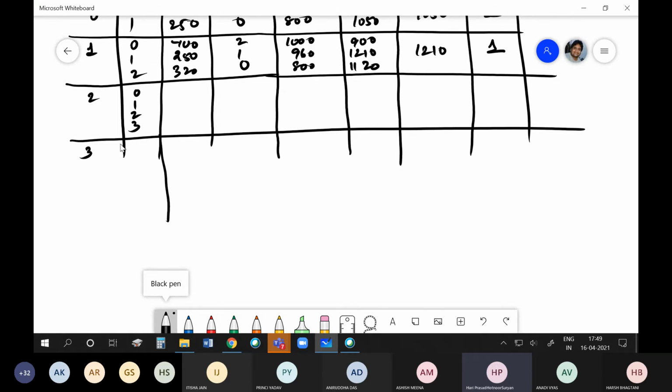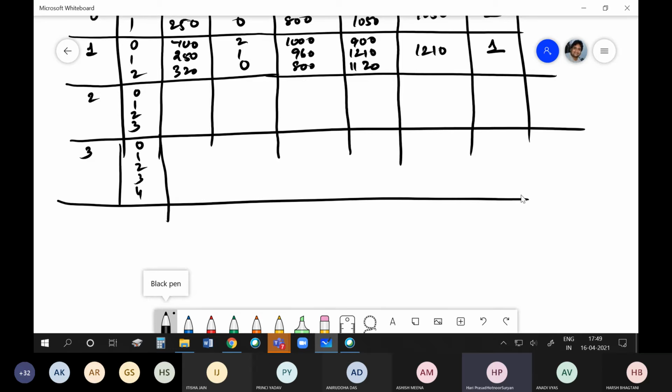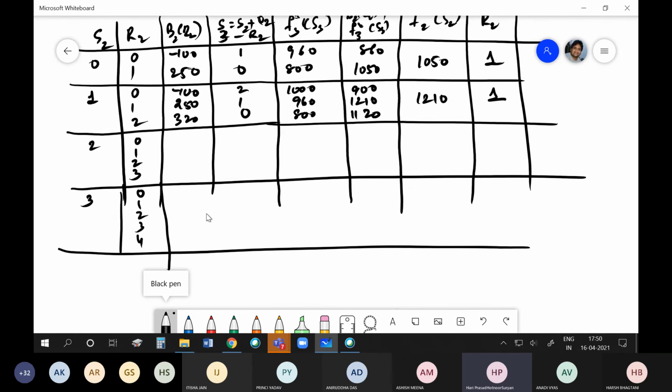The possible are 0, 1, 2, 3, 4, isn't it? Sorry, I have not written 2. Let me finish for 2. It is minus 100, 250, 320, 480.